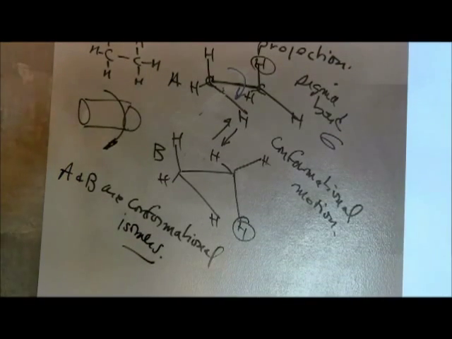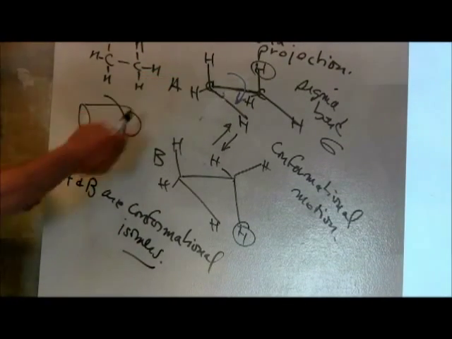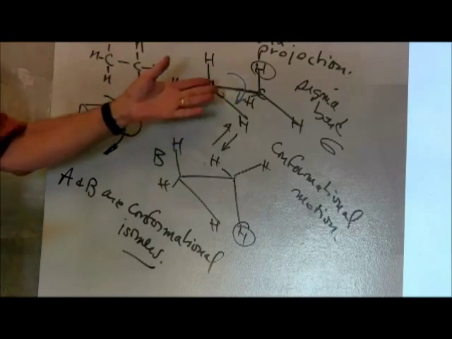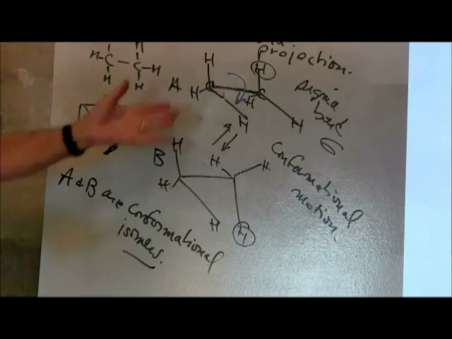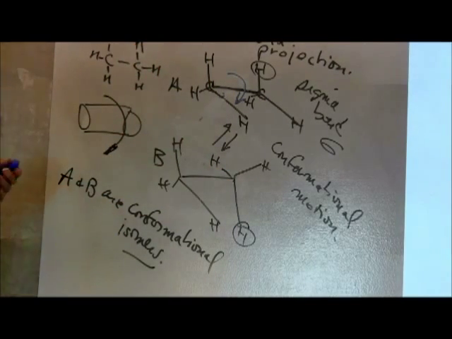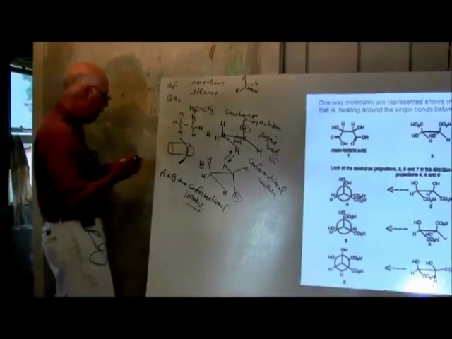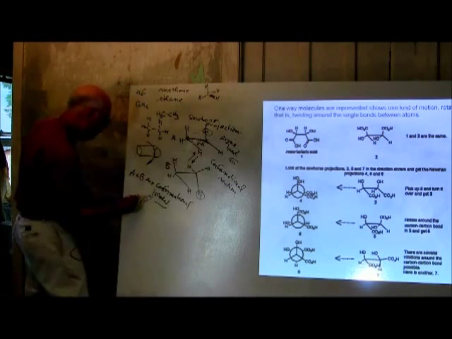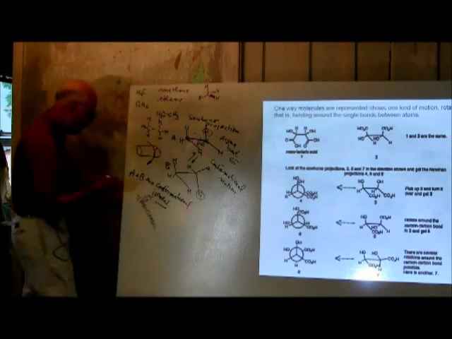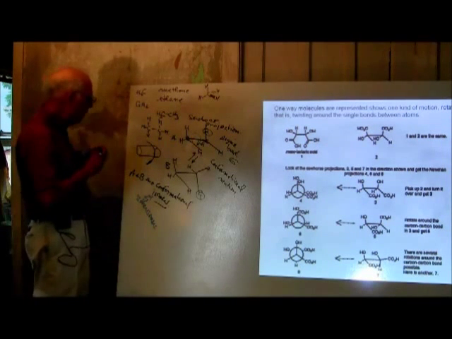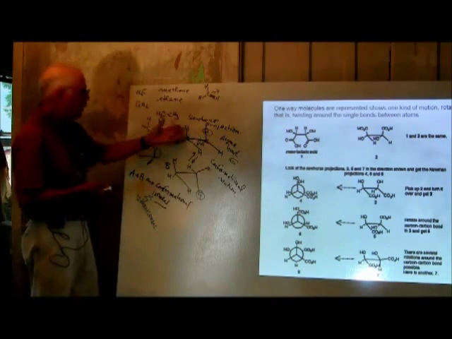Isomers? Why are they isomers? Well, of course they're isomers. The two entities A and B have identical connections, so they're clearly isomers. What kind of isomers are they? They're clearly stereoisomers, because they differ in their shape, don't they?